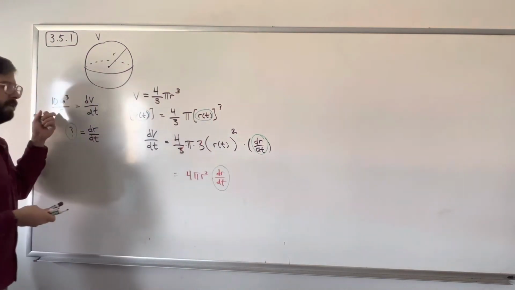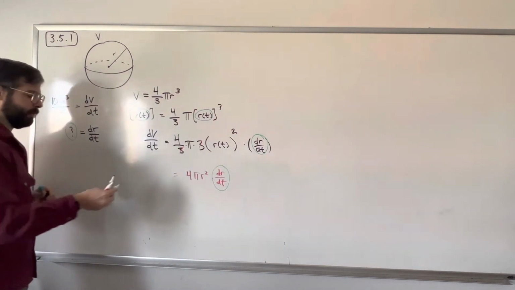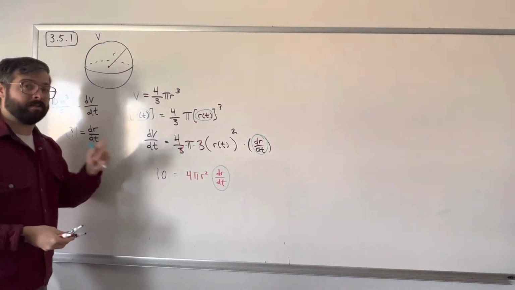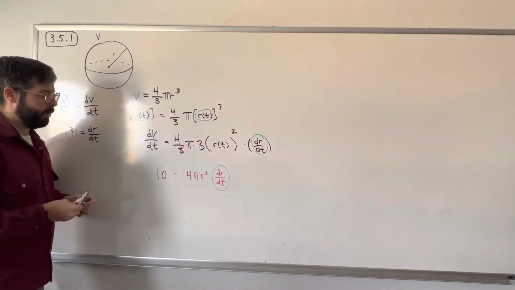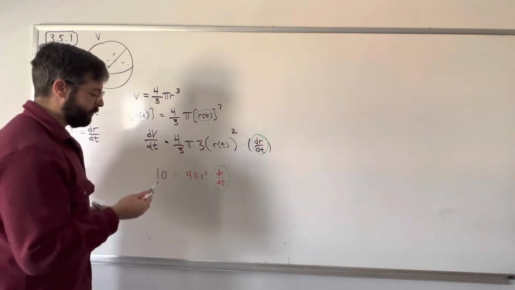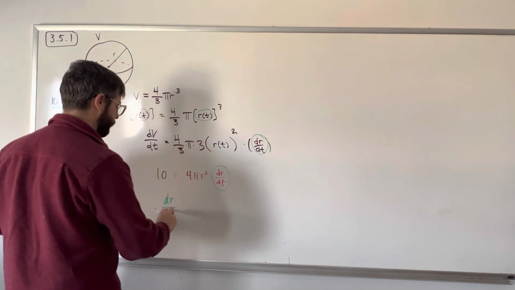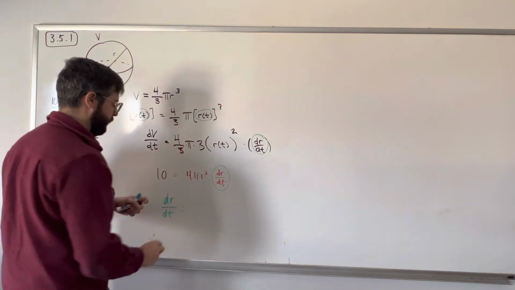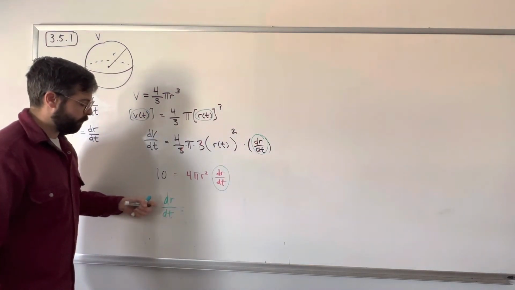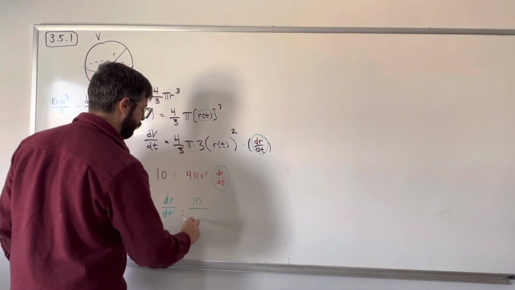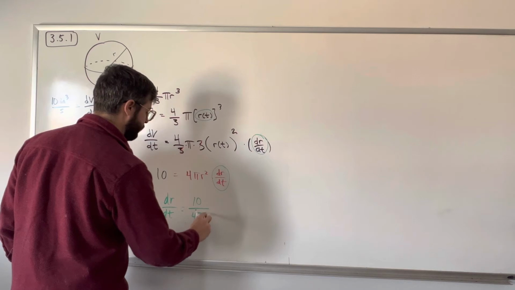We know dV/dt is a constant 10. That's not changing, and it's a positive 10 because it's inflating. If it were deflating, it'd be negative. So I'm going to solve for dr/dt, the rate at which the radius is changing with respect to time, which is equal to 10 over 4π r squared.